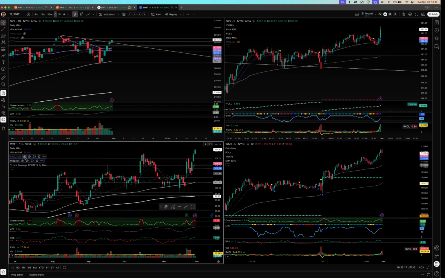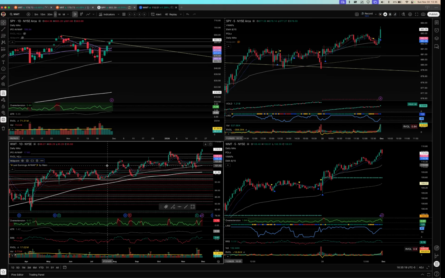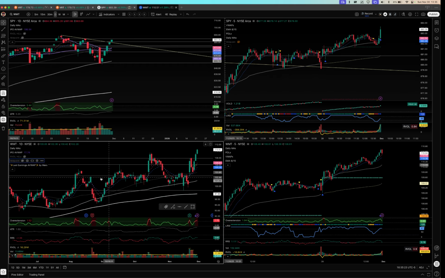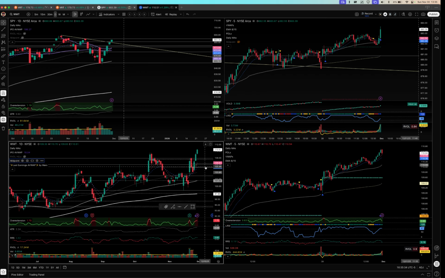I don't put them on a lot, because if you can see when I put them on here, they're just a billion high volume lines everywhere. It's hard to see, but sometimes I'll check them out in my analysis, maybe the midpoint, and say, hey, look, you can see that this midpoint held, broke down over here. This midpoint, we chopped around here. Sometimes they converge on other levels of support and resistance, so I can use that sometimes.